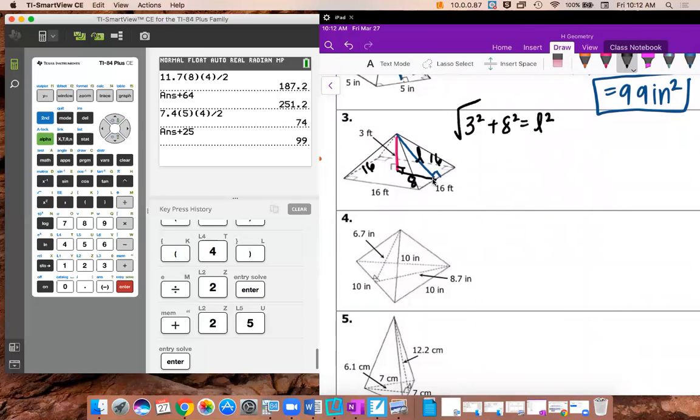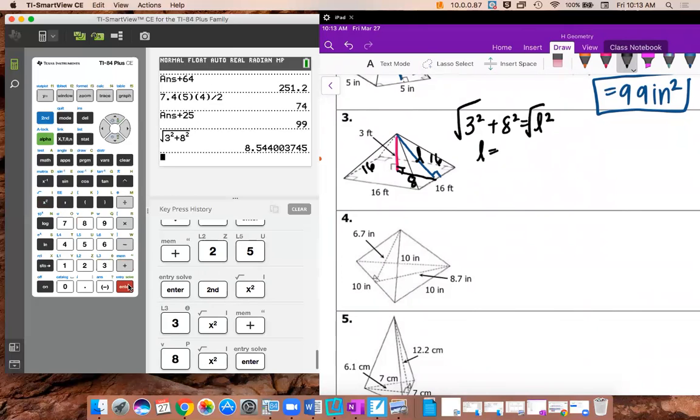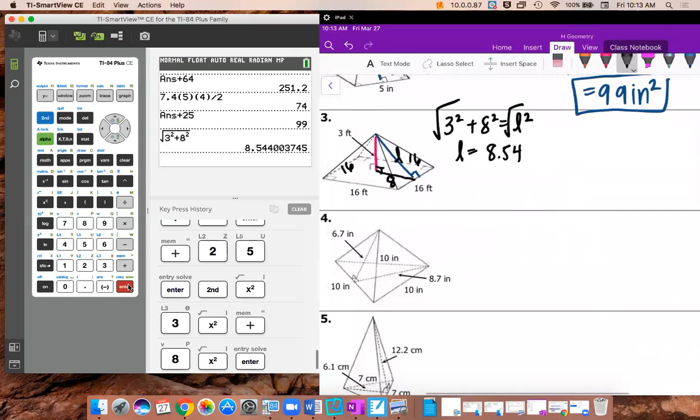And then I just have to take the square root of both sides. So if I plug that in, we're going to do the square root of 3 squared plus 8 squared. And then that gives me my slant height is about, and let's just round to 2 decimal places, 8.54. And then I'm going to just use the formula. So now I have everything I need to find the surface area.